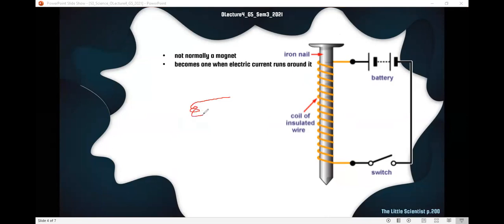And you coil it. You make lots of coils. You do it this way, and then you connect it to a battery.